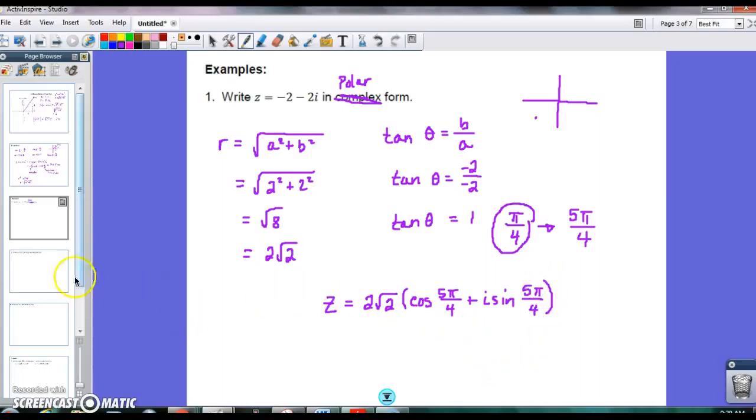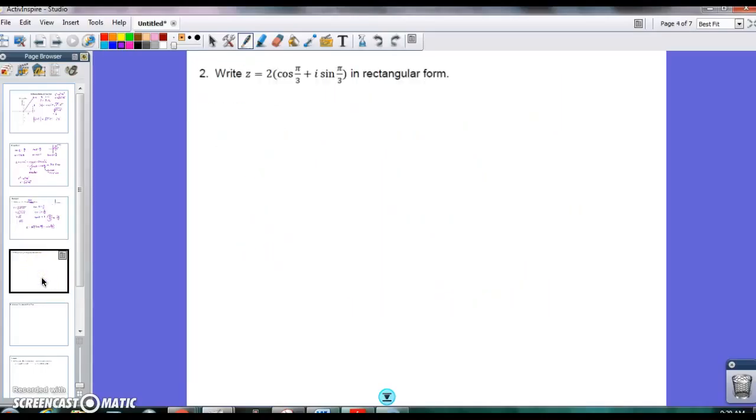Okay. The next example is putting the complex number into rectangular form. To put that in rectangular form, all I need to do is figure out what cosine of pi over 3 is and what sine of pi over 3 is. It's much easier to go from polar to rectangular because we're just evaluating it.